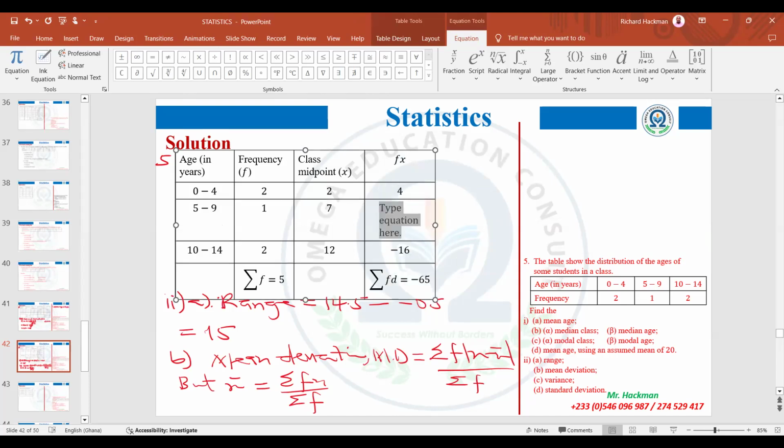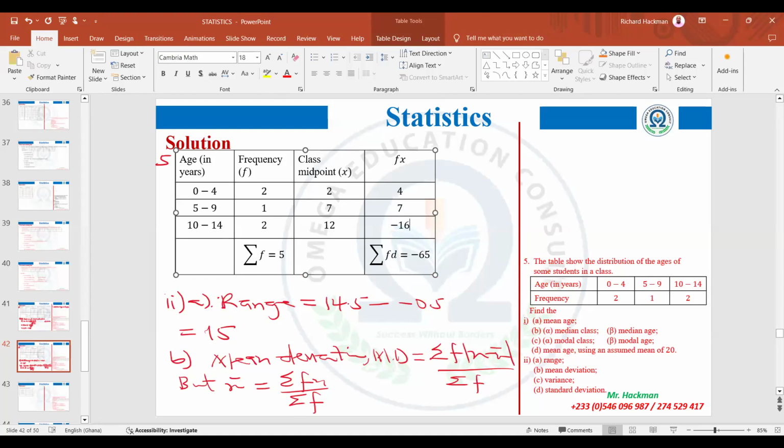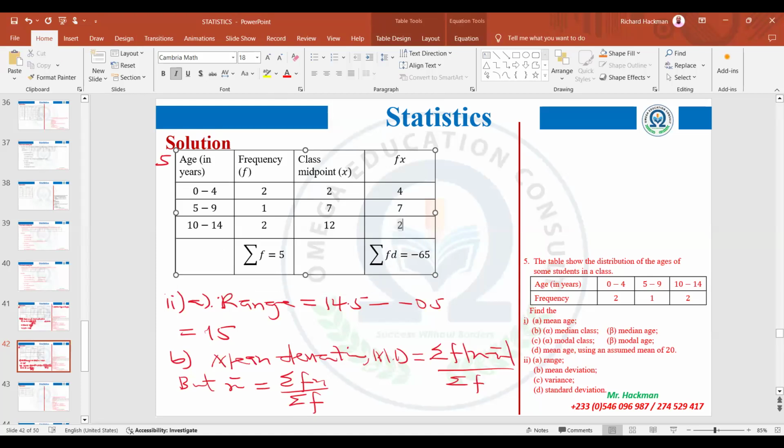Then 7. The next one will give us 24. Am I right? So sigma Fx will give us 35.